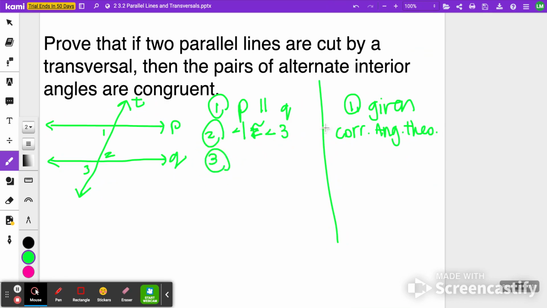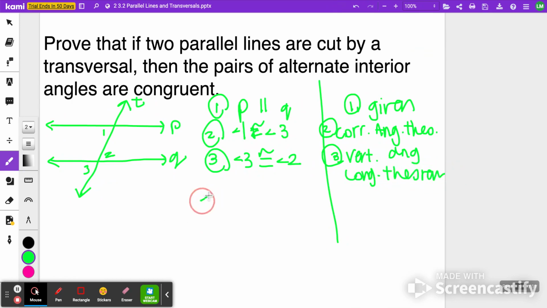Because of that, and they correspond, then I can also say that angle 3 is congruent to angle 2 by definition of vertical angles, or the vertical angle congruency theorem.